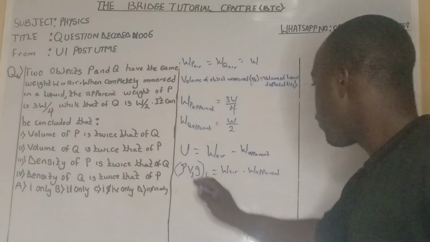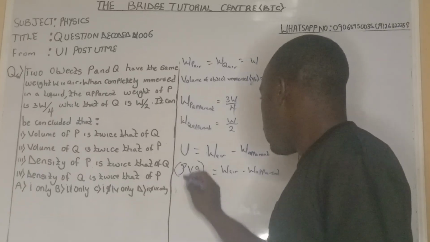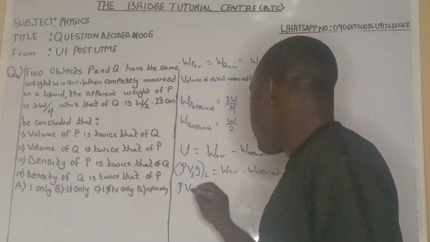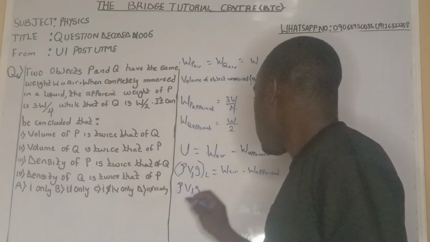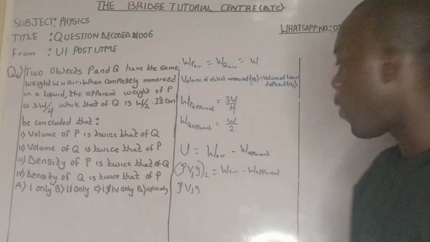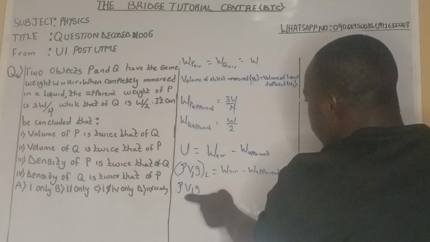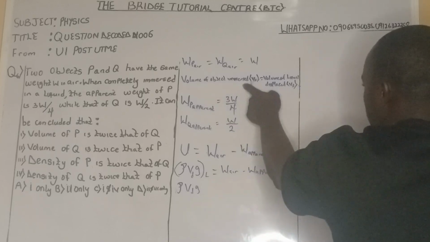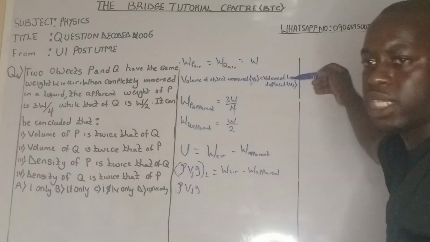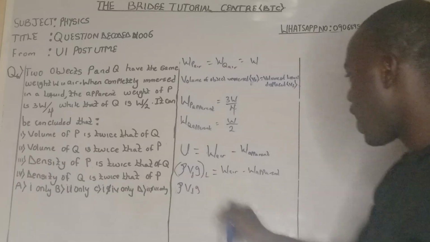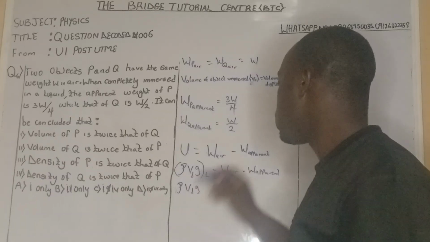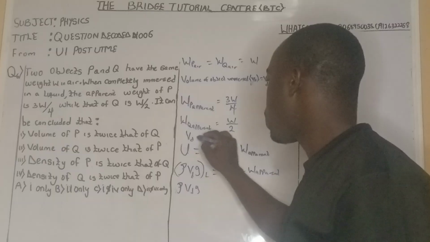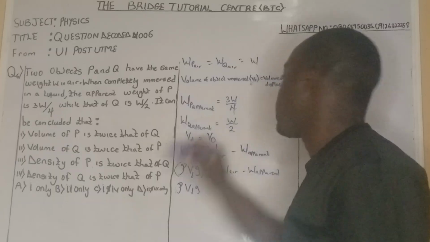So moving on. For P, what do we have? We have rho VD g. We are going to consider P now, but don't forget that the volume of the object immersed must equal the volume of liquid displaced, since they are completely immersed. So I can assume my volume of liquid displaced, VD, must equal the volume of the object immersed.